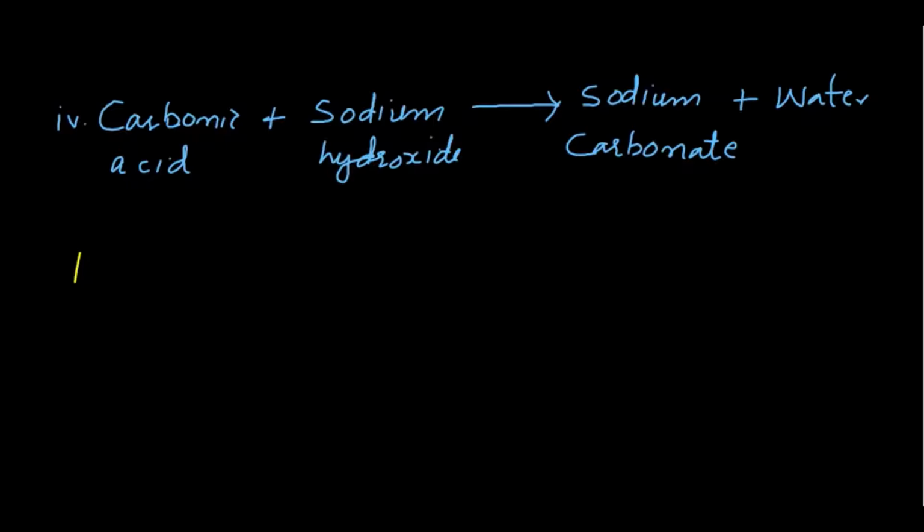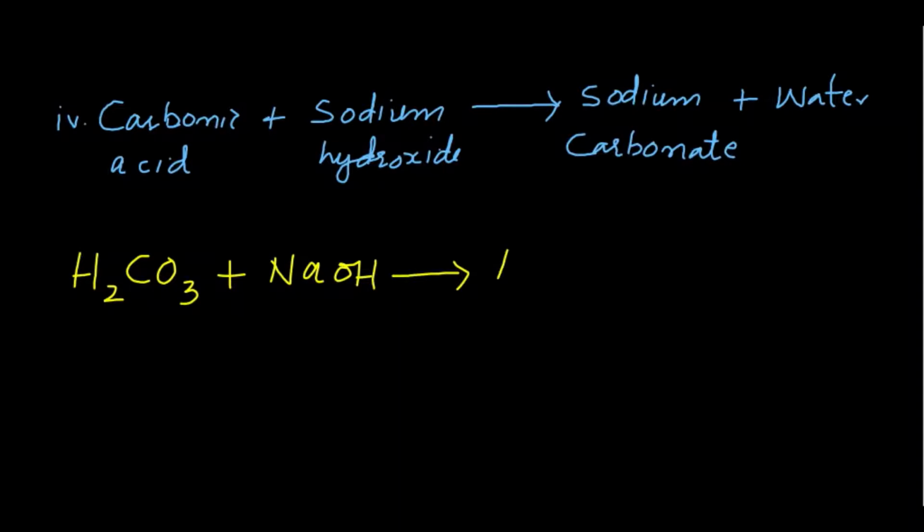Now we will see the next word equation which is given. In the next word equation, a reaction is given between carbonic acid and sodium hydroxide to form sodium carbonate and water. So we will write the balanced chemical equation for this reaction. Carbonic acid, H2CO3 is carbonic acid, sodium hydroxide, NaOH is sodium hydroxide.